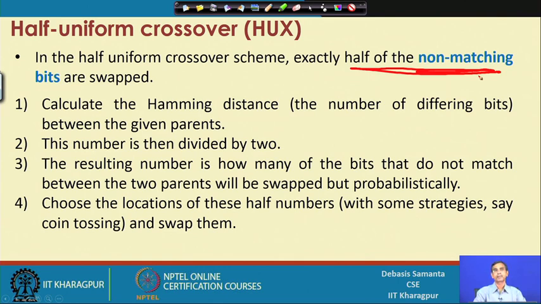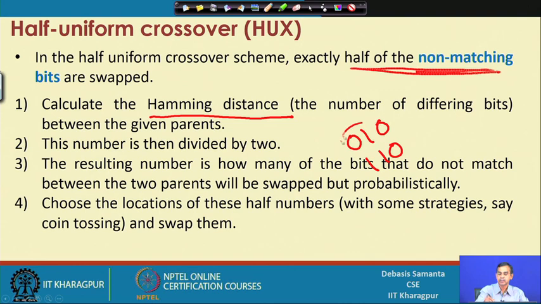of Hamming distance. If two bit strings are given, then the Hamming distance is basically how many bit positions are different in the two bit patterns. So, the number of differing bits gives the Hamming distance. For example, if this is 0 1 0 and 0 1 1, then in this case we can see only one bit is different.